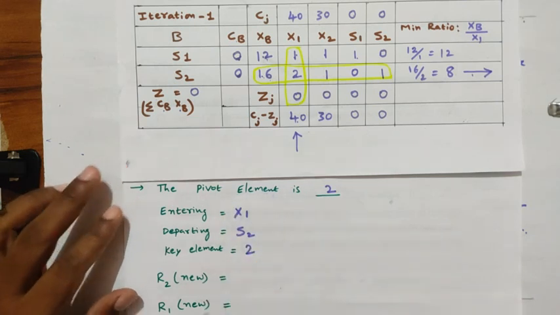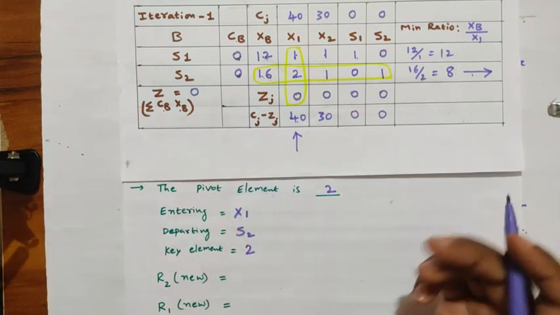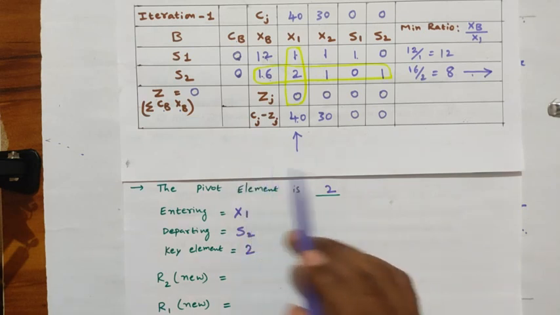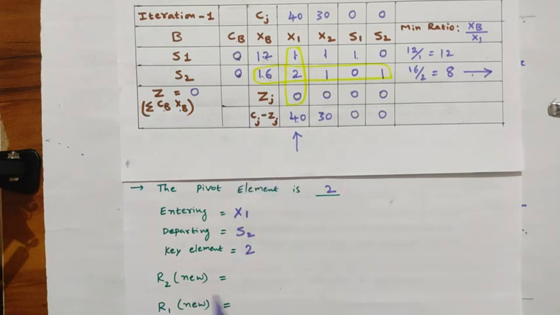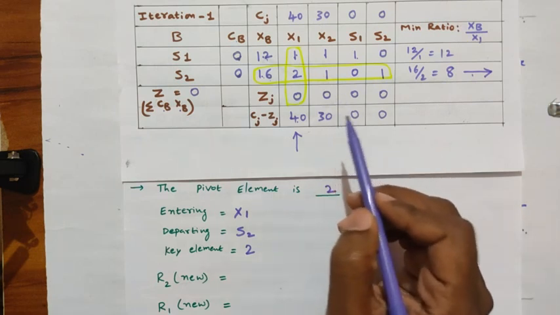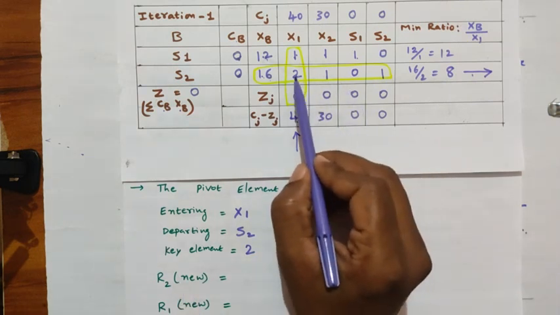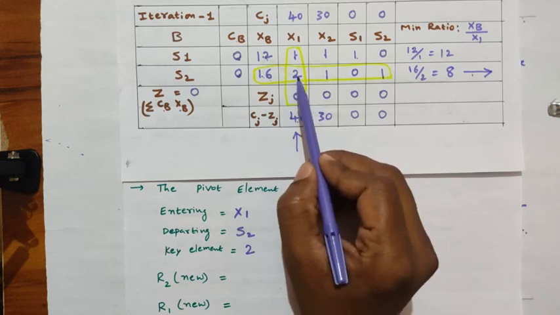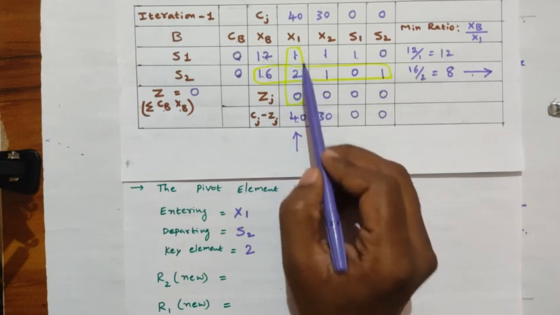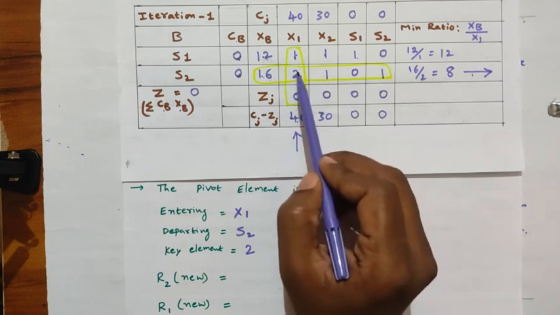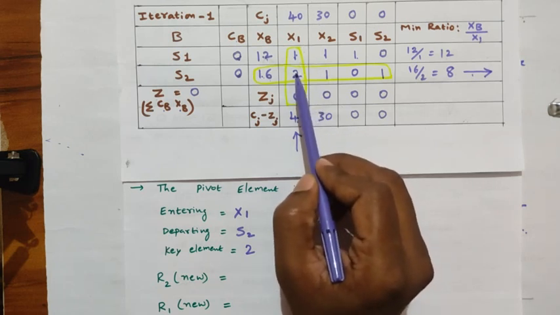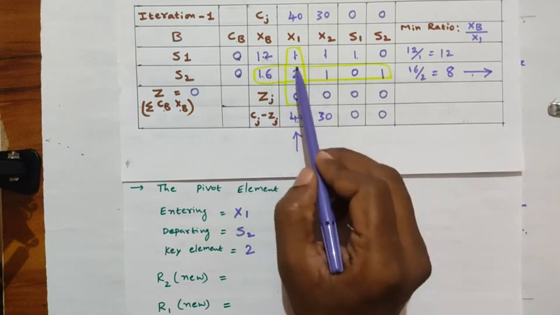In order to write the next iteration table, we need to form two equations. We need to make this key element 1 and the other values of this column zeros.